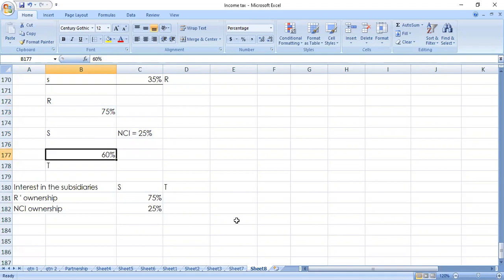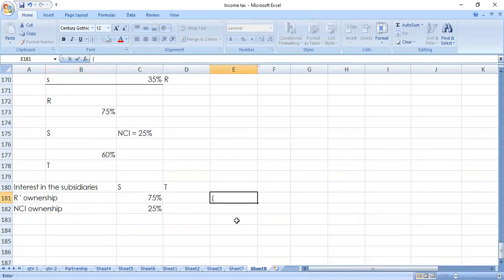Now the T, R through S controls T. Okay. Now what's the ownership of R in T? He has an indirect relationship. It goes through S to get to T. Okay. So it's 75% of S, of which S has 60% of T, is what we bring here. So this is saying 75% times 60%.